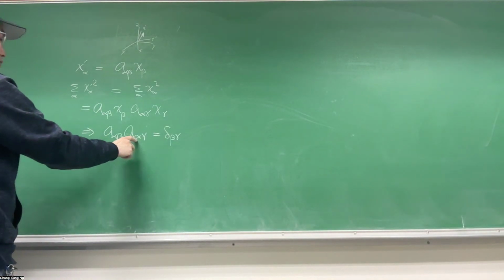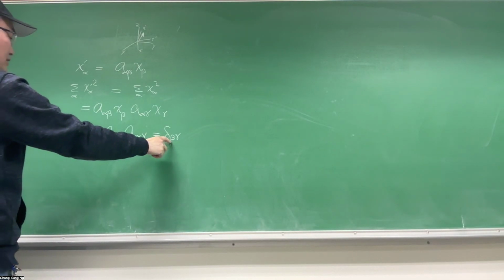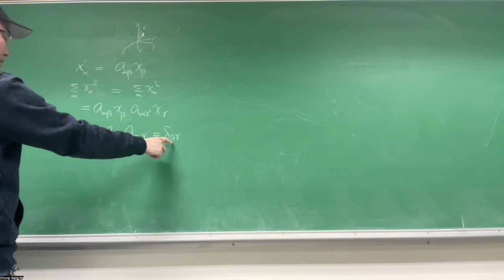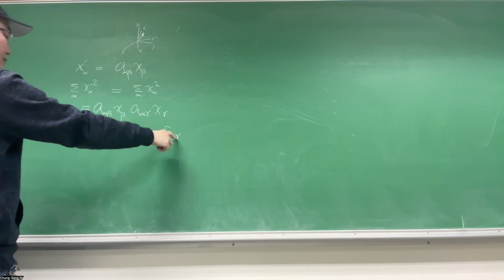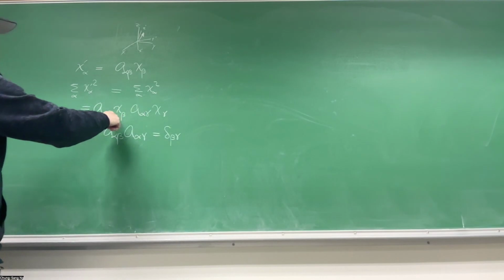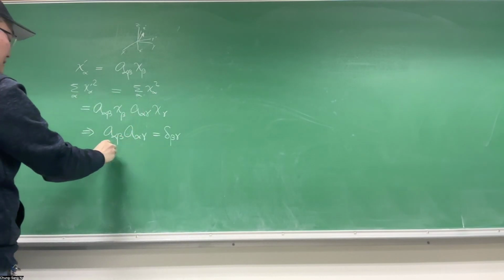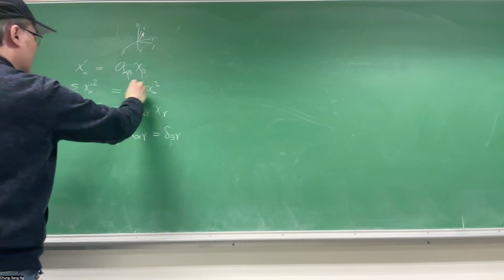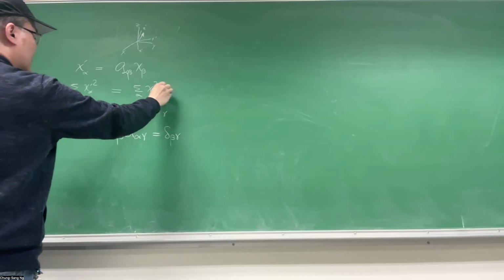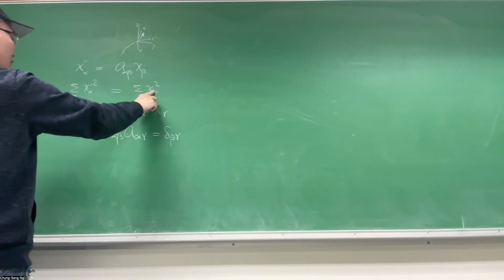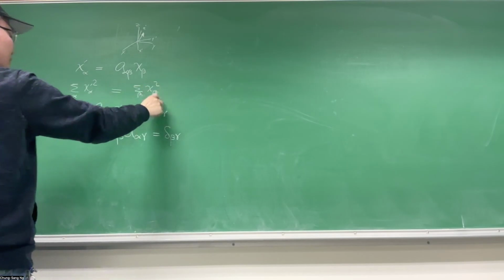Only when this is true can you change one of them. Because of the Kronecker delta, you can change gamma to beta here, then this becomes x beta. Whatever you call it, alpha and beta, doesn't matter.